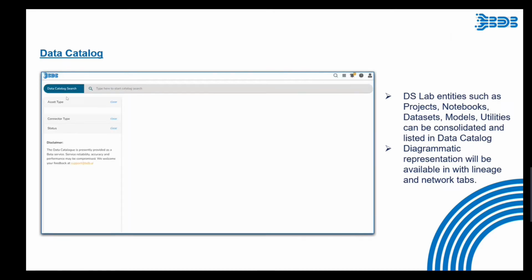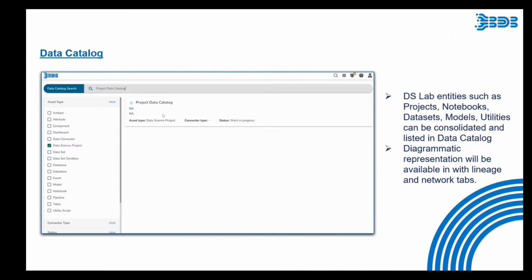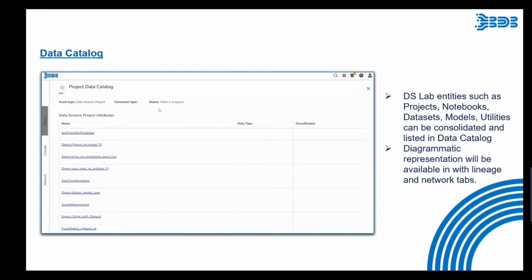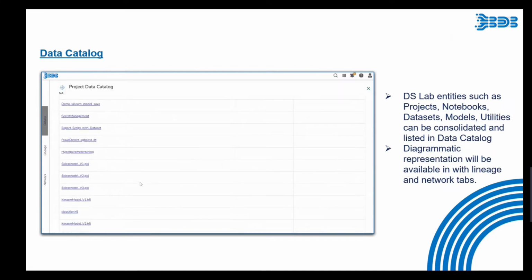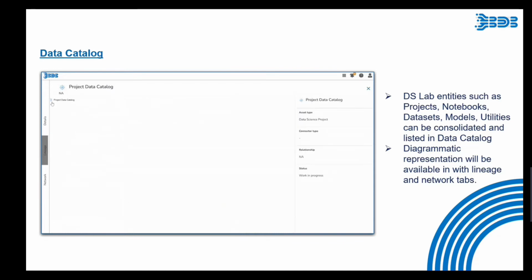Now, when I go to use the catalog service using AI search, and I search for the project name, I type that name, I hit enter, and I get information about the project data catalog and all the elements associated with that project.